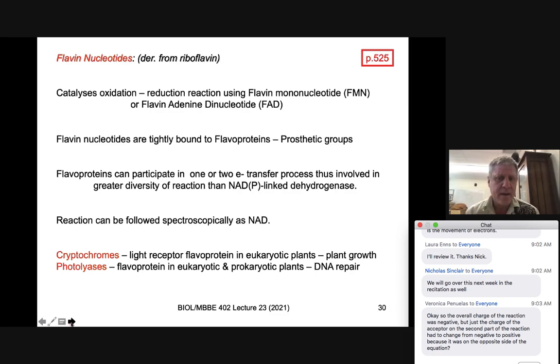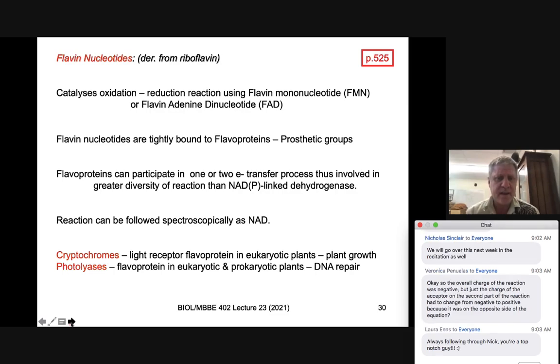The interesting thing about these particular guys, they can actually be involved with more diverse reactions because they actually carry one or two electron transfers through the process, than what we see with the NADH or NADPH, which only carries one electron through the system. So we have this capacity, two electrons through the system.